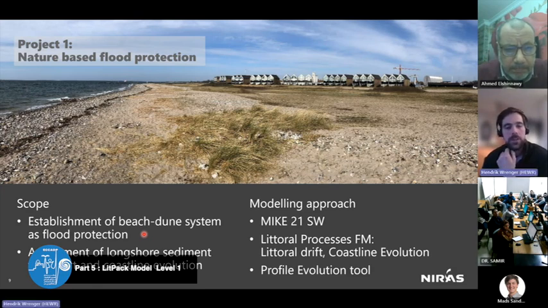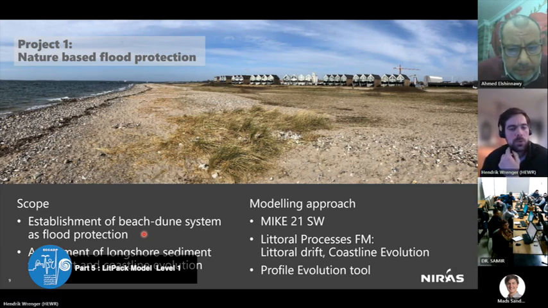So if you have a storm event, the dune would be eroded, and the sand would be available to form offshore bars. And then over periods of calmer conditions, the bars would move back, the cross-shore profile would become milder again, and sand would be deposited on the beach at lower water levels, and then wind would carry that sand back into the dunes. So if you can establish a balanced beach dune system, that's a really powerful coastal protection system.